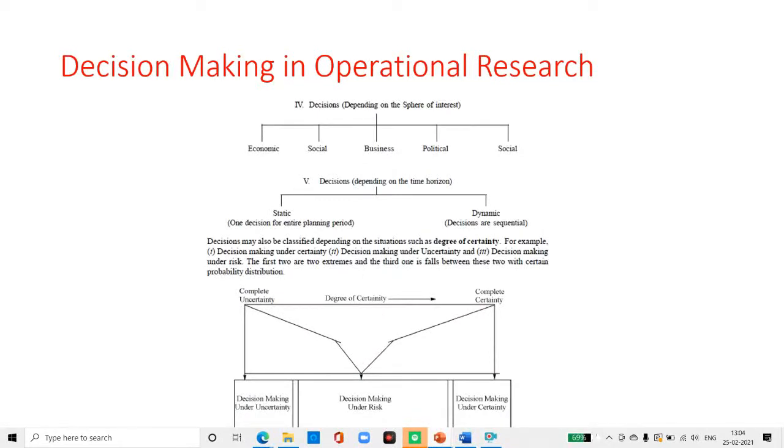Depending on the sphere of interest, it is economic, social, business, or political.